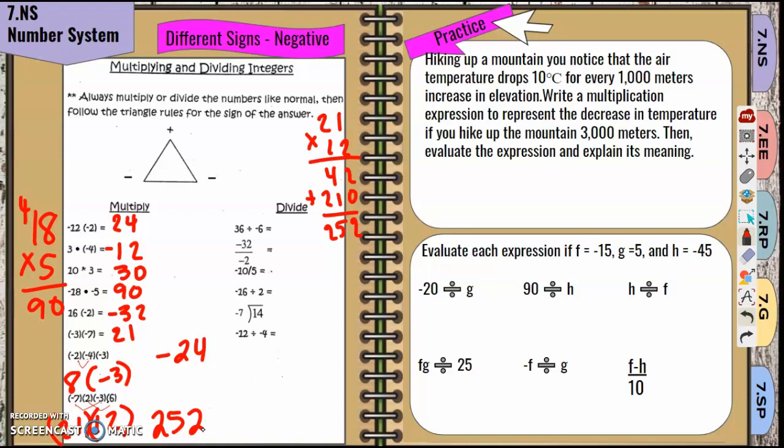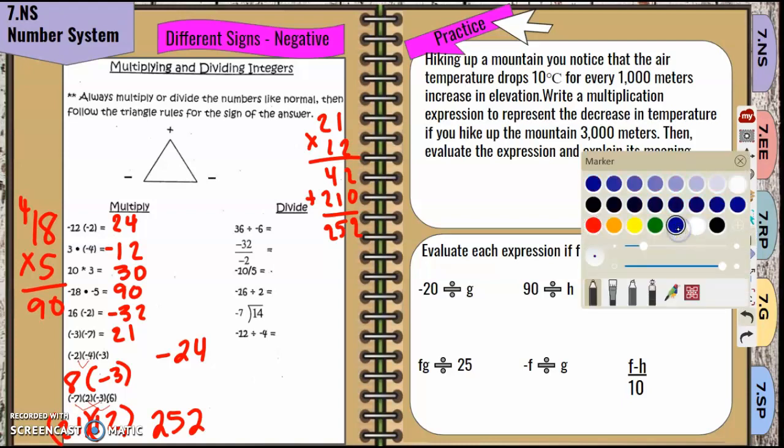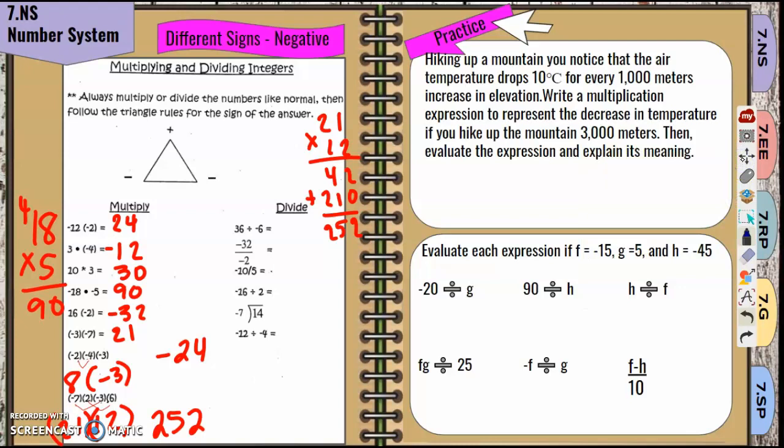So now I'm going to do the same thing for dividing. 36 divided by 6 is 6. A positive divided by a negative is a negative. It's negative 6. 32 divided by 2 is 16, and a negative divided by a negative is a positive. 10 divided by 5 is 2.